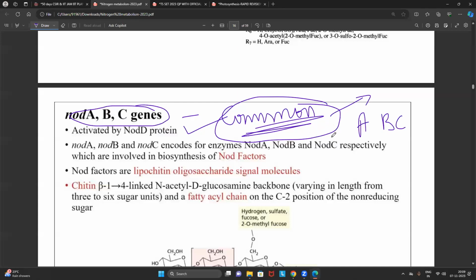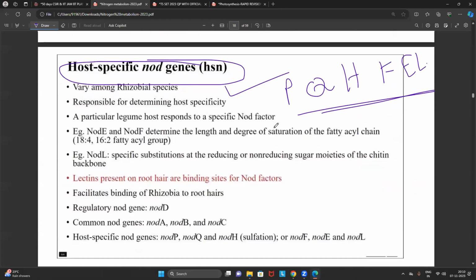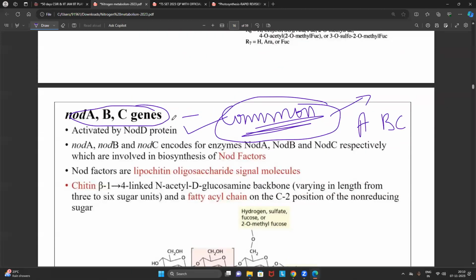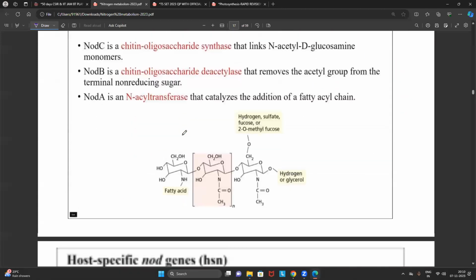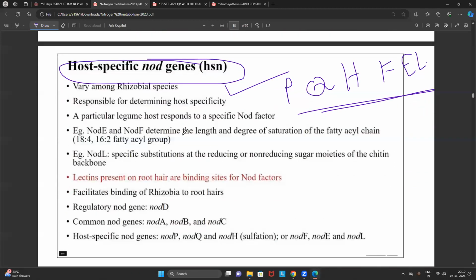Whereas the host specific ones are not generalized genes. If nitrogen fixation wants to be more efficient, we always use the host specific NOD genes only. Never get confused with this particular point.